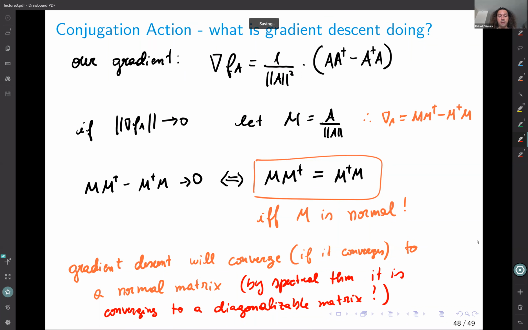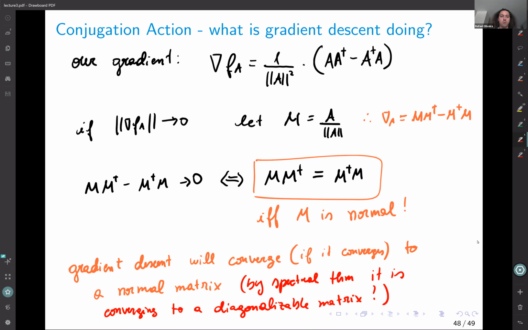So whenever your gradient converges to 0, you are taking your matrix and sending it to another matrix in the orbit or in the orbit closure, which is diagonalizable. So any non-nilpotent matrix in this case, gradient descent will make converge to a diagonalizable matrix. This is quite impressive, that the gradient actually has a meaning in these actions as well.